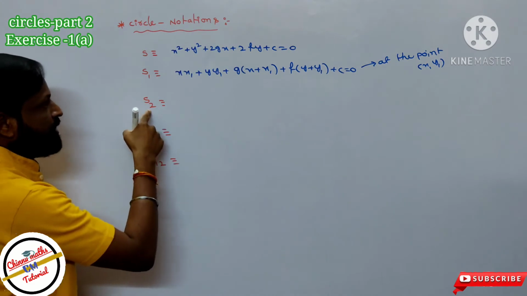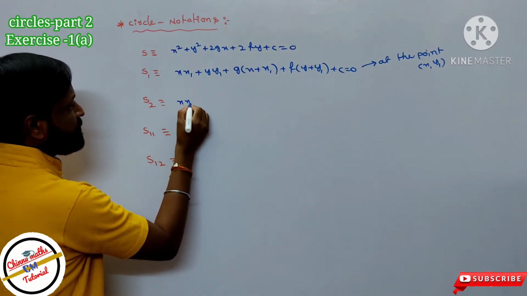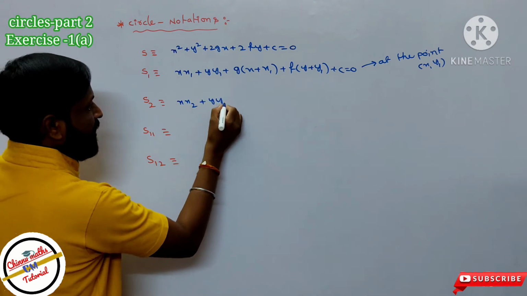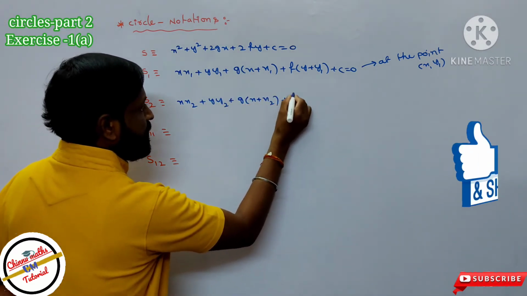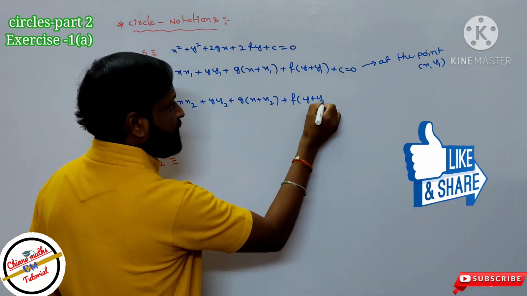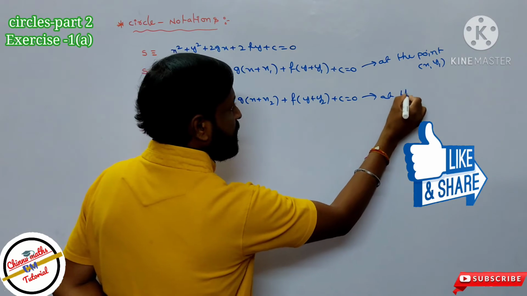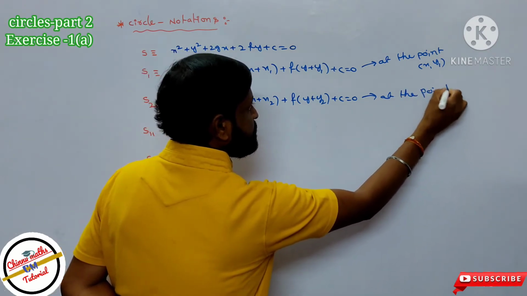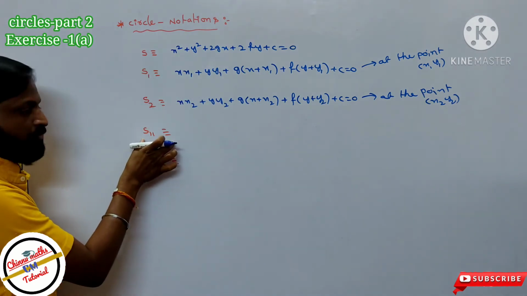Similarly S2. S2 means at the point x2, y2. We can write xx2 plus yy2 plus g into (x plus x2) plus f into (y plus y2) plus c equal to 0. It is also at the point x2, y2.